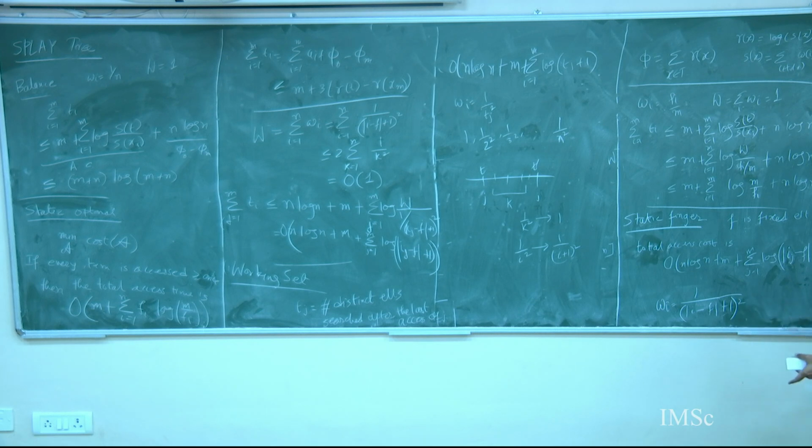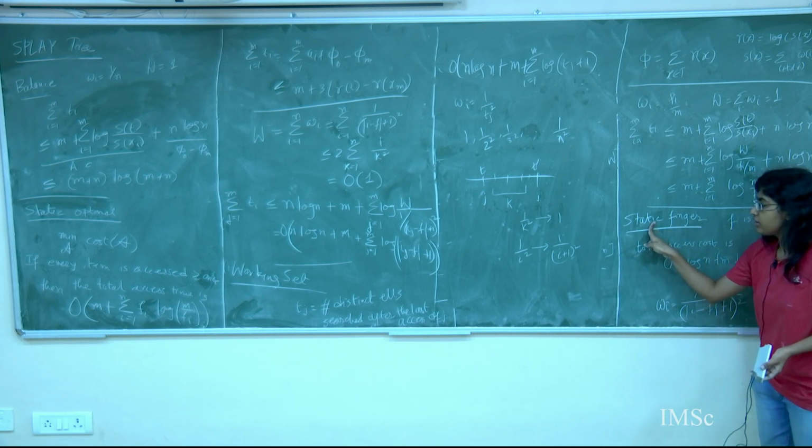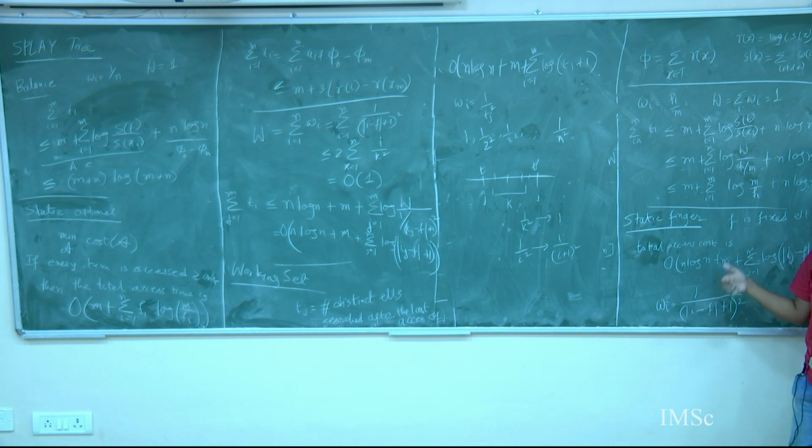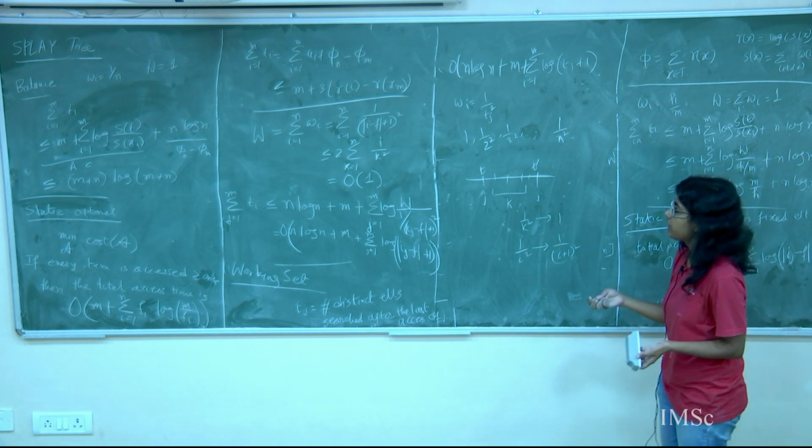Another thing to mention: I told you that there is something called the dynamic finger, and the dynamic finger property has also been proved for splay in 2000 by Cole et al.